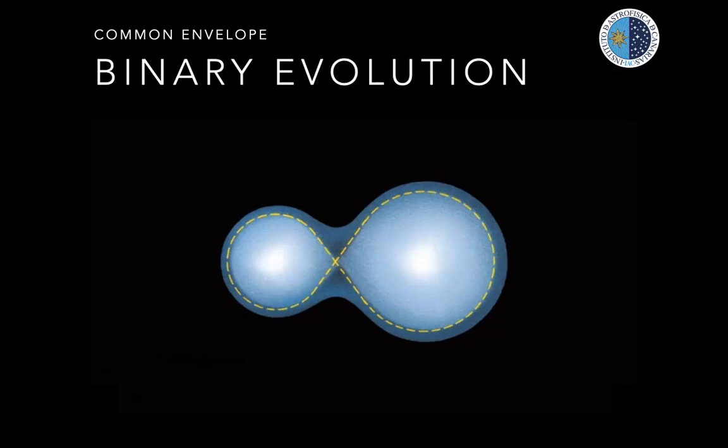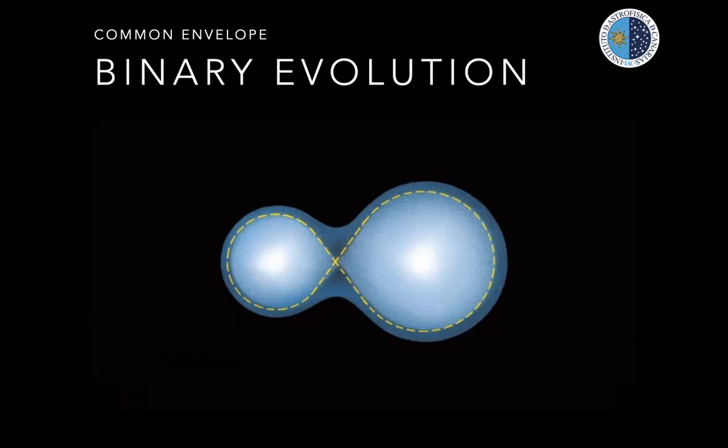So there are friction forces. This friction transfers orbital energy and angular momentum from the binary to this material. And the end result is that the two stars spiral inwards, so their orbit shrinks. And because of the conservation of angular momentum, the envelope itself is ejected preferentially in the orbital plane.